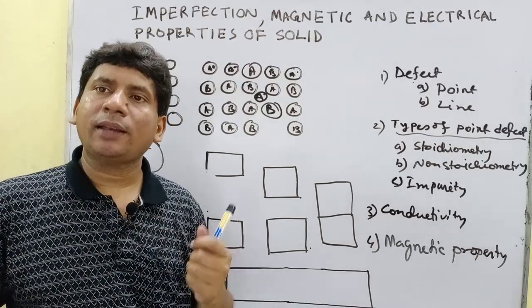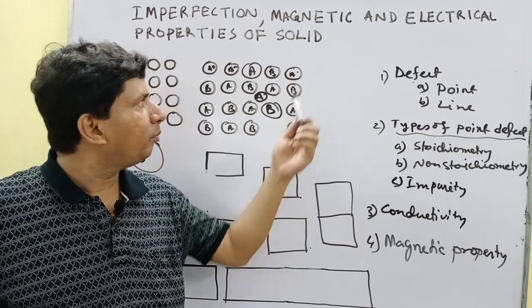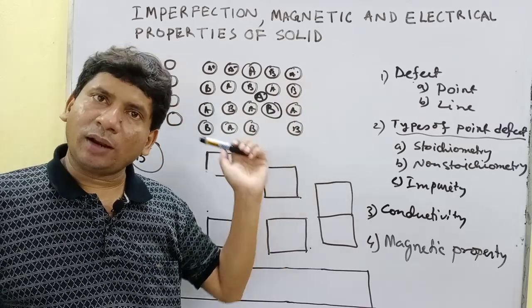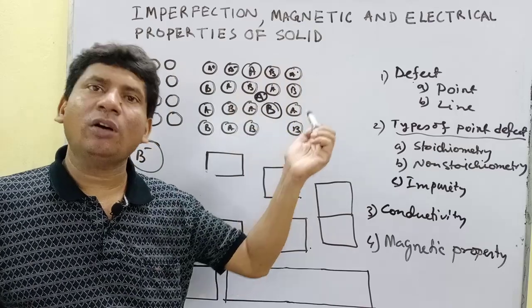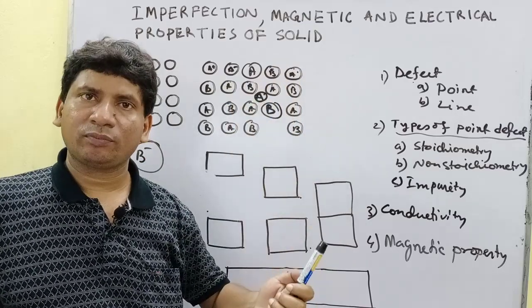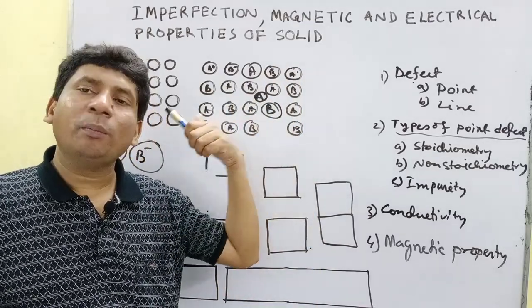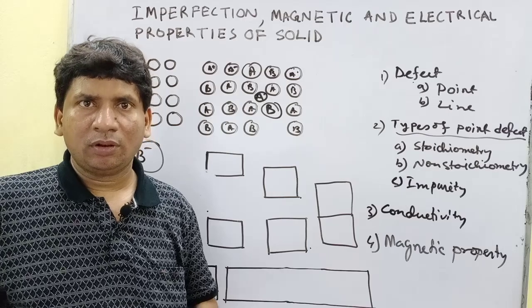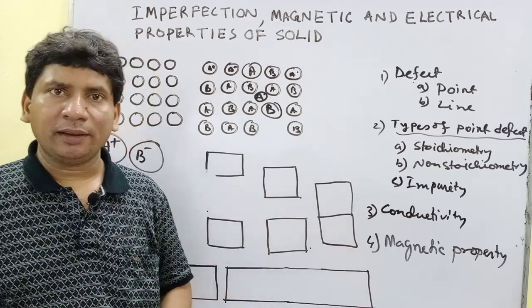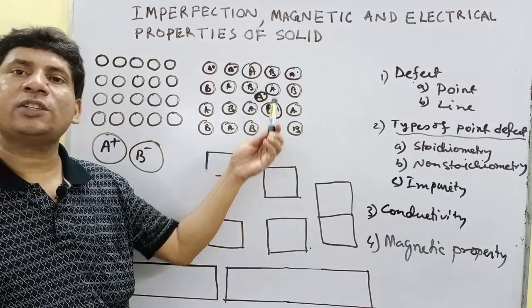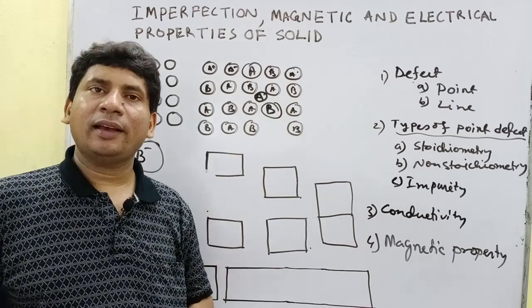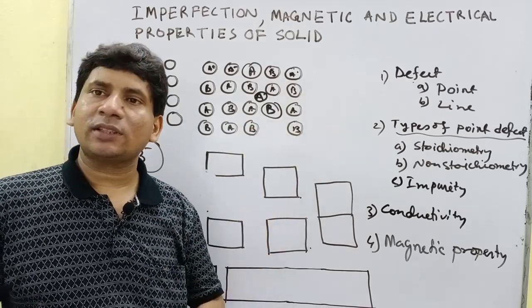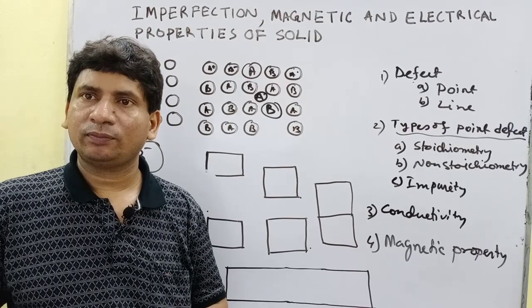It does not change the density, because the total mass and total volume remain the same. Since there is no complete missing of a cation or anion, it just changes its position. Hence, the density does not change for Frenkel defect.